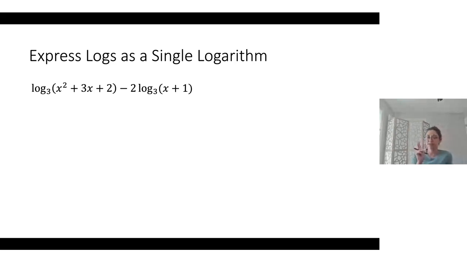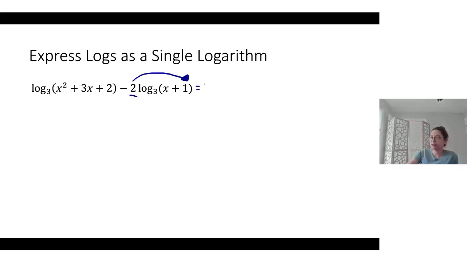I want to bring these together. I have subtraction between, so I know I'm going to use the quotient rule. But before I can do that, I have this 2 on the outside. I need to get rid of that by bringing it back up as an exponent. So we use the power property first. I can't bring these together if it's being multiplied by something.